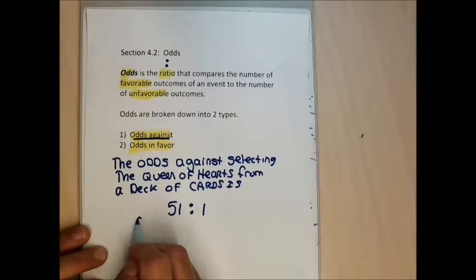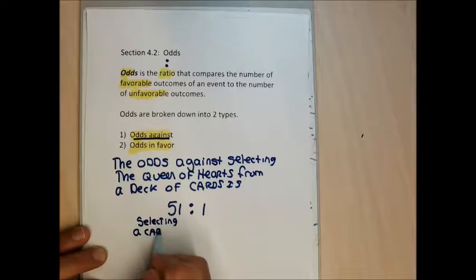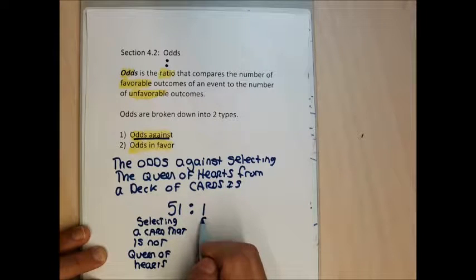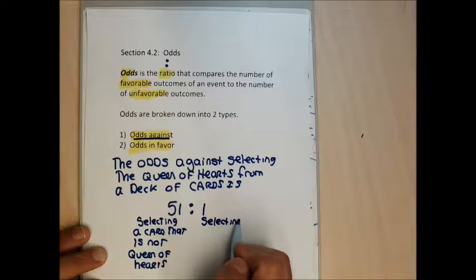So the first 51 is selecting a card that is not the Queen of Hearts. And the 1 is the number of Queen of Hearts.